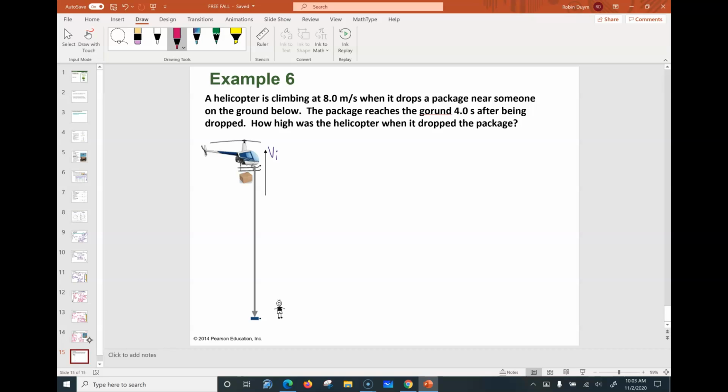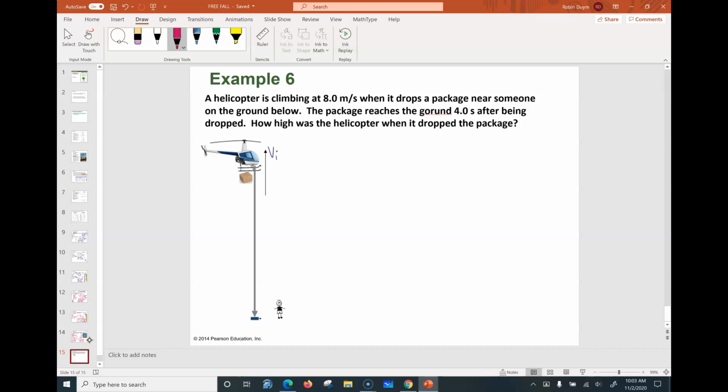So that's a lot of information. A diagram here is going to be really helpful. You got to think that the package is inside the helicopter, so it's moving at the same speed that the helicopter is when it first is dropped. So my initial velocity here is actually positive because it's actually moving upward, and then it's getting dropped.